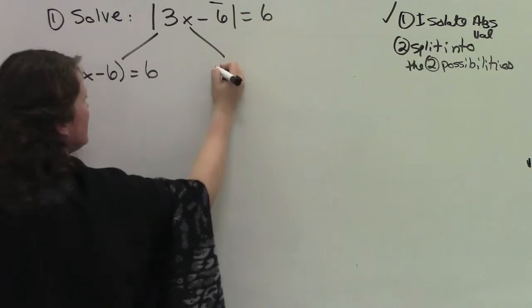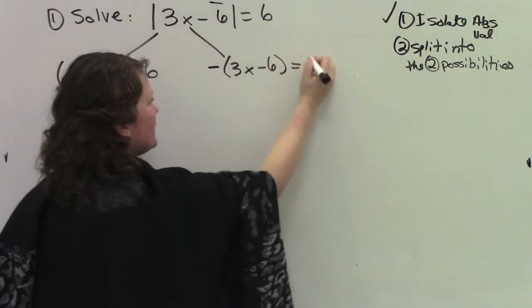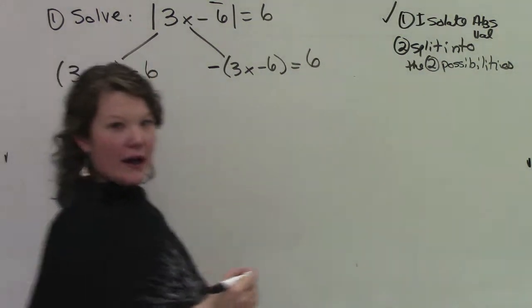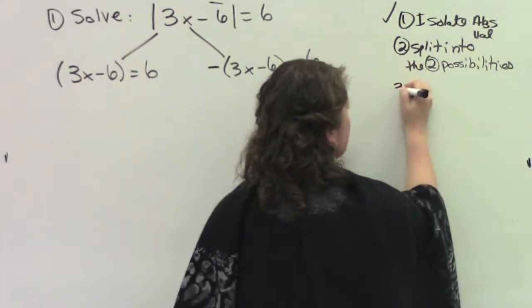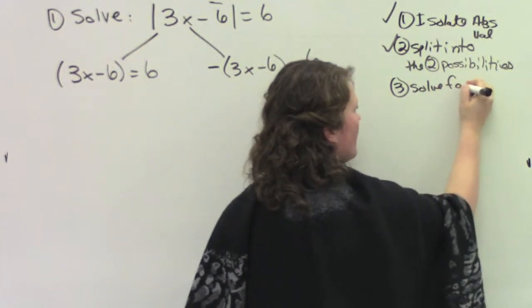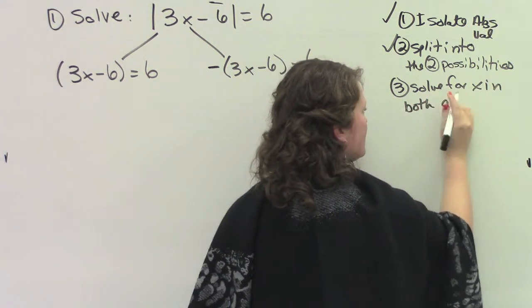And then the other possibility is negative, 3x minus 6 equals 6. Now I want to solve for x in both cases.